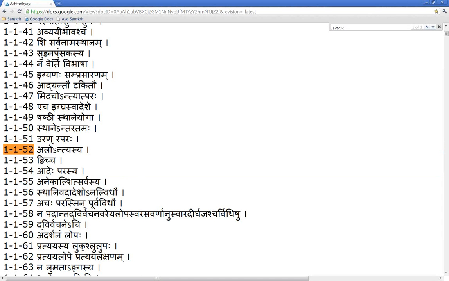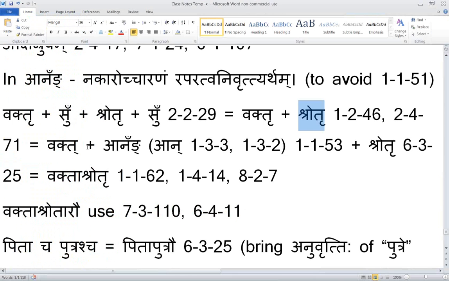So right now Alontyasya is coming for Anang, but then comes Anekashis Sarvasya, and Alontyasya is overruled by Anekashis Sarvasya, which itself is overruled by Nitya. So finally we only do the Antyasya alasthane adesha: only the ending al of Vaktru is replaced by Anang.